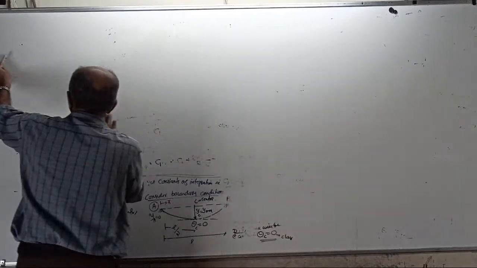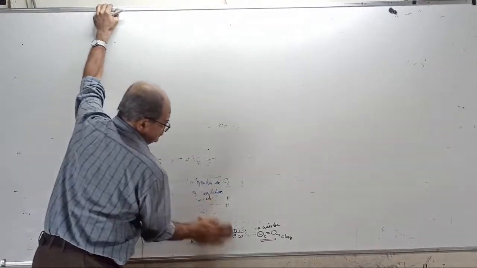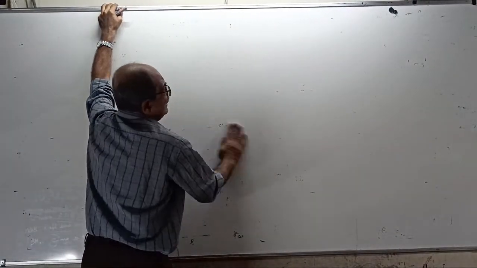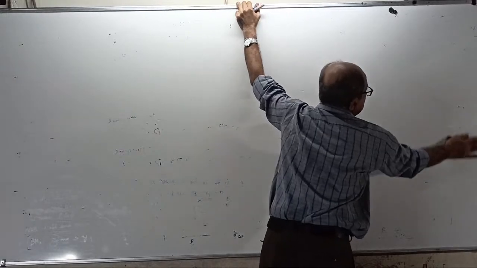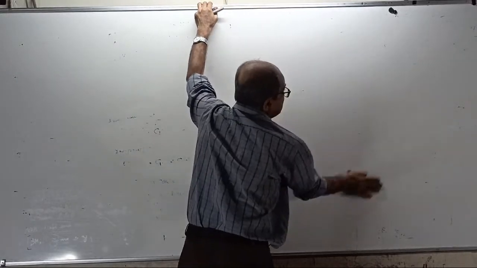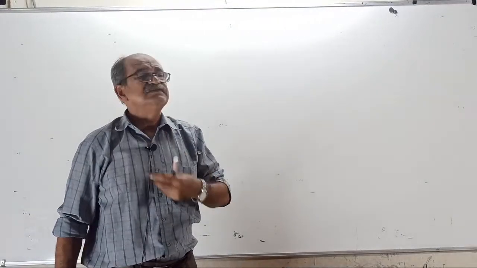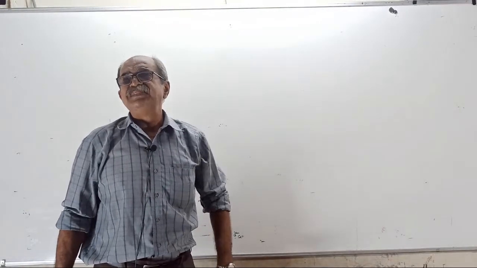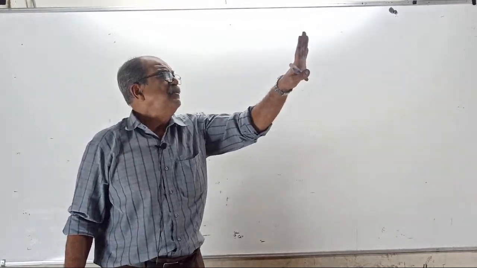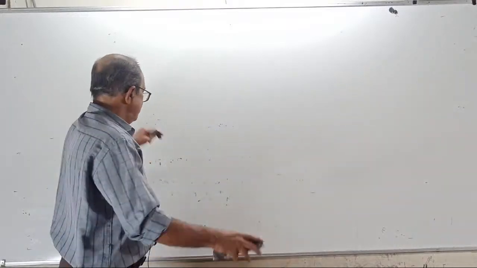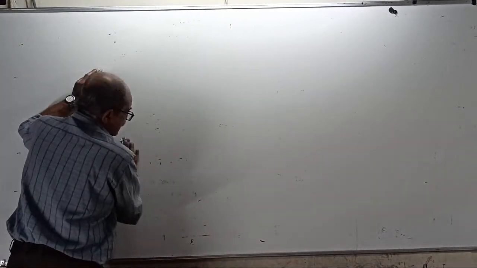I will show you why. Macaulay's method is very fast, because in the double integration method you have to take multiple sections, one for each variation, and it will be a very lengthy procedure. But in Macaulay's method, for any number of variations in between, there is a single equation. That I will tell you after double integration, when we go for a point load.